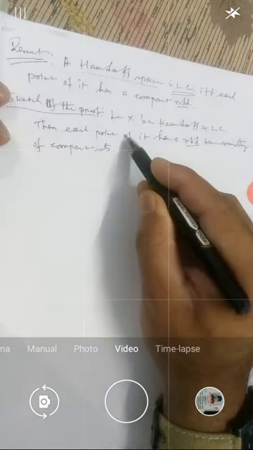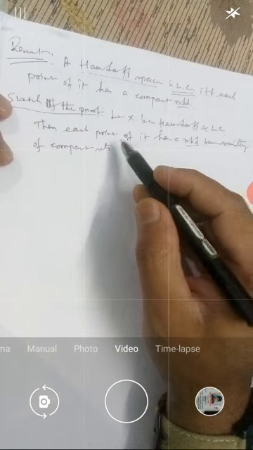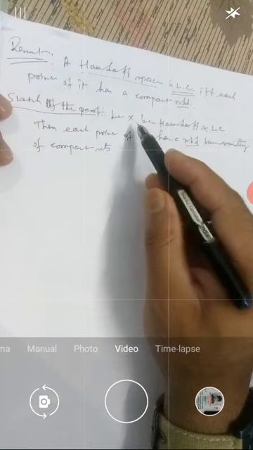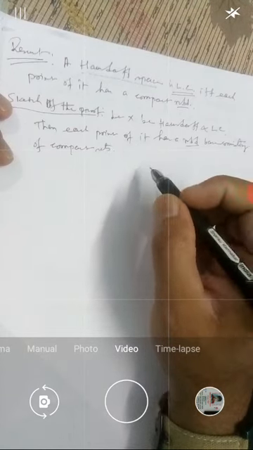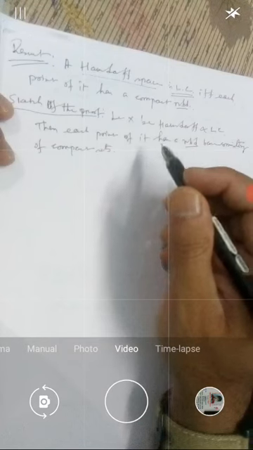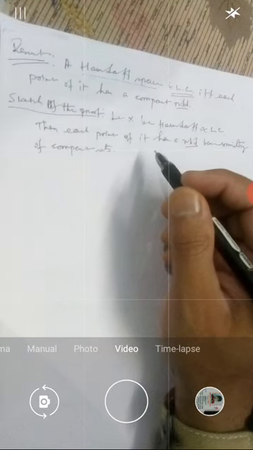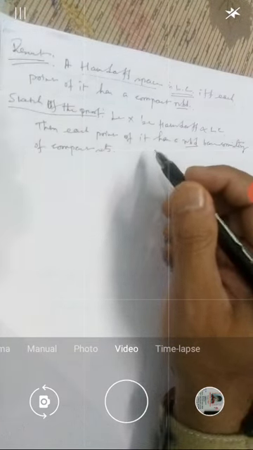That neighborhood base consists of compact sets, so all those neighborhoods of that point are compact neighborhoods. So every point of this space has plenty of compact neighborhoods, roughly speaking. At least one compact neighborhood will be there.